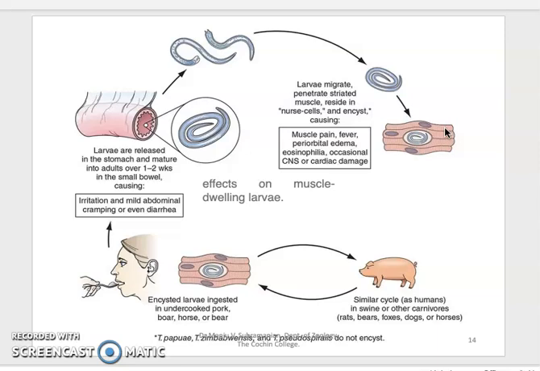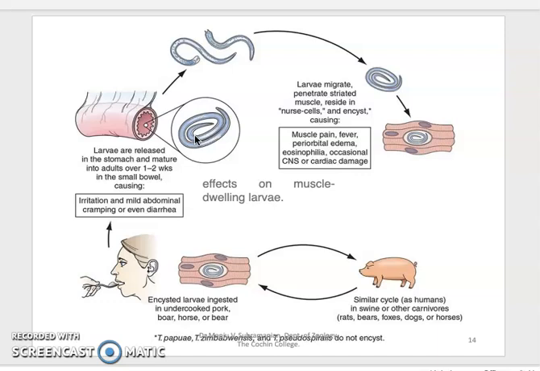After the cyst gets into the intestine, the larvae get liberated.